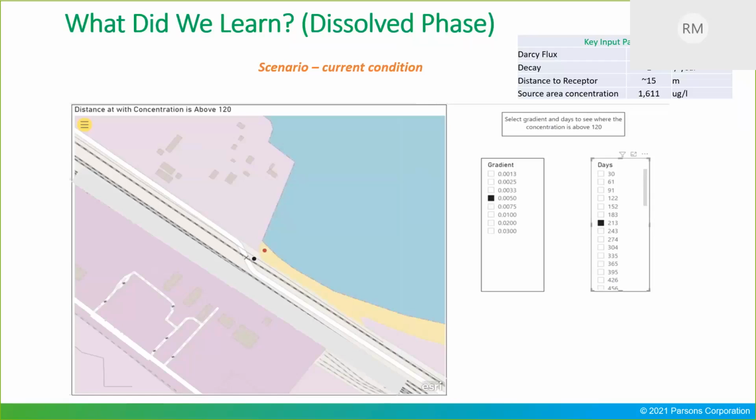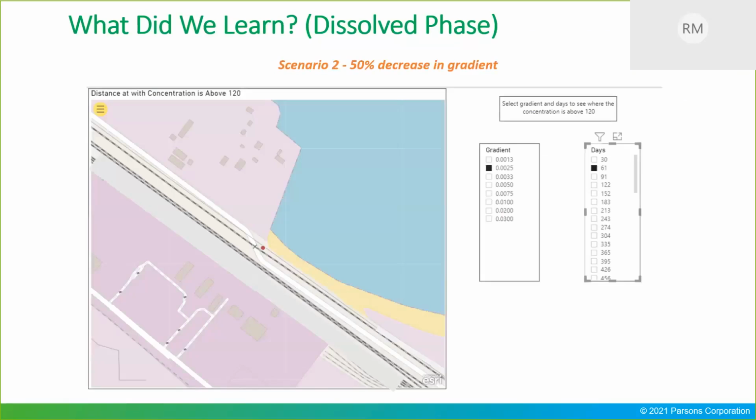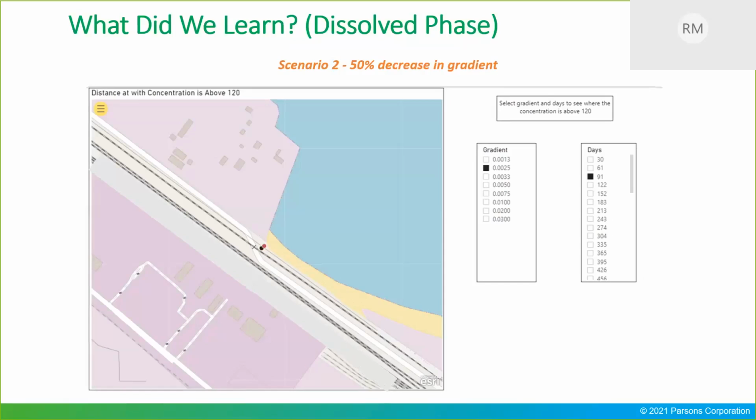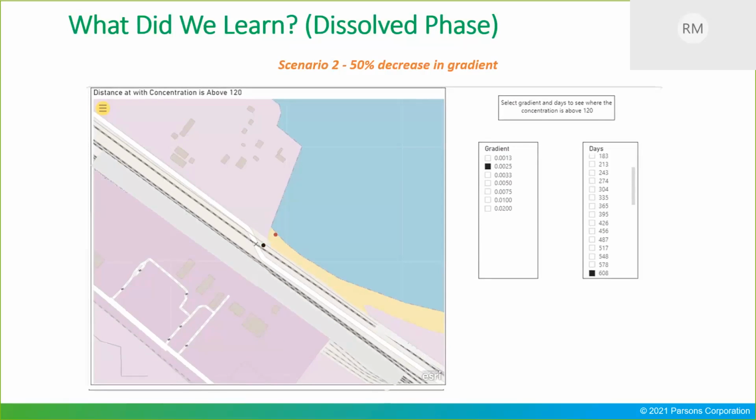We also looked at a couple of other iterations to see the impact of gradient when there is a 50% decrease in gradient for the NAPL migration. For that, the gradient value is 0.0025. Here you can see for 61 days there was no movement, and then it started initial movement at 91 days, and at almost 600 days you can see the plume reaching the receptor.